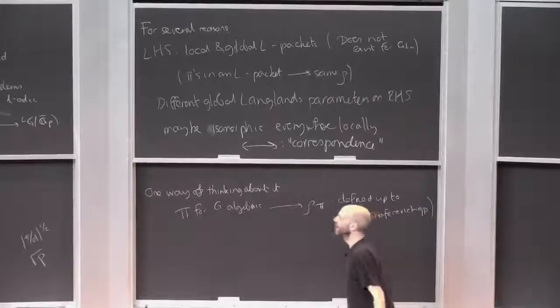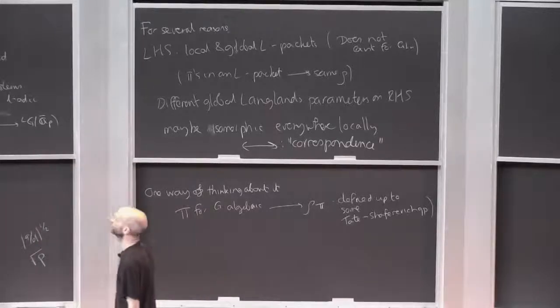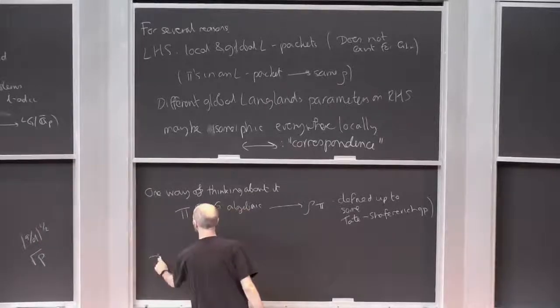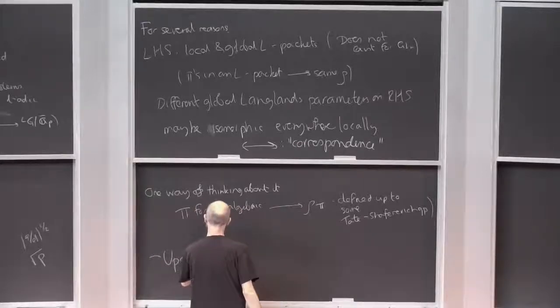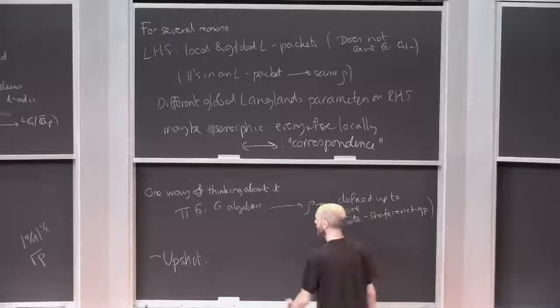So I think that's probably all I want to say about it. There are all sorts of subtle issues here that I don't really want to get bogged down in.